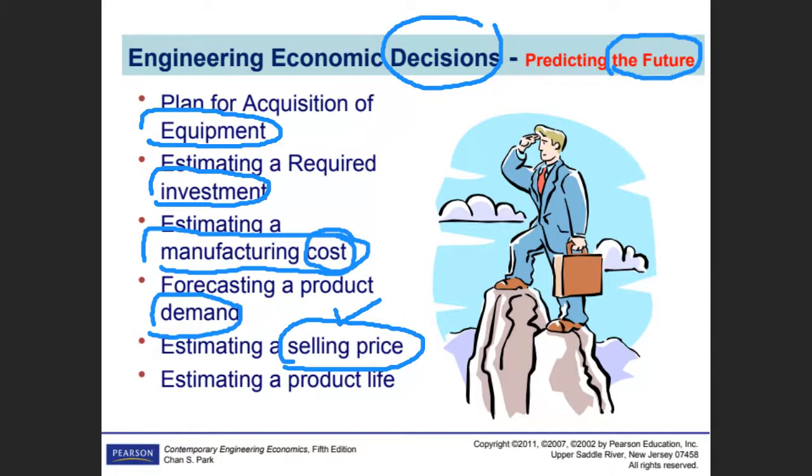Or what would be the life of this product? If you are selling a product, after 4 years, 3 years, 2 years, whatever the life, the customer will purchase again, for example. So estimating a product life is the job of engineers. You'll be making these decisions, remember. And engineers will be the ones making these types of decisions to predict the future.